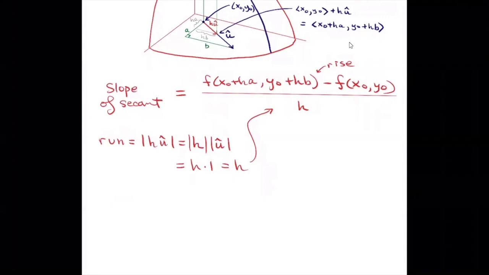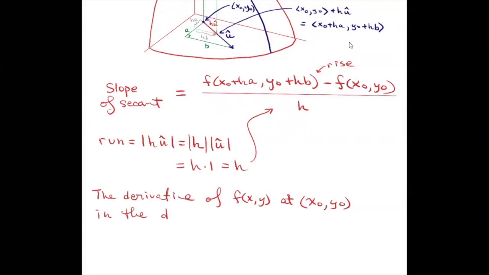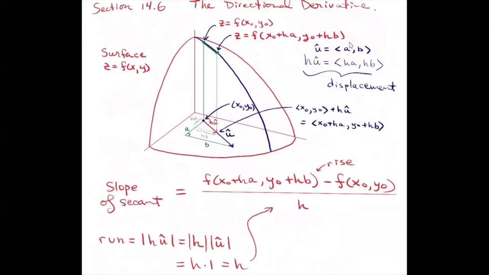And so the derivative of f of x, y at x naught, y naught in the direction of u is, and again, u is a unit vector.